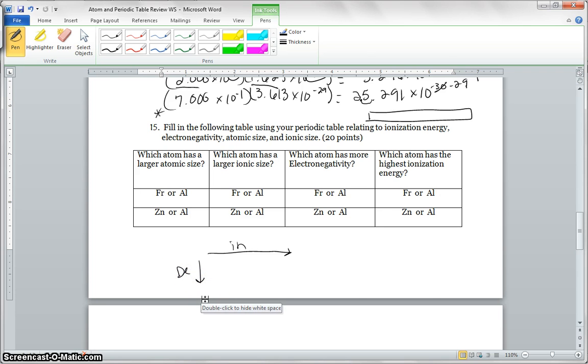Radius, or atomic size, remember, is going to be different. It's going to decrease as we go over, but increase as we go down.